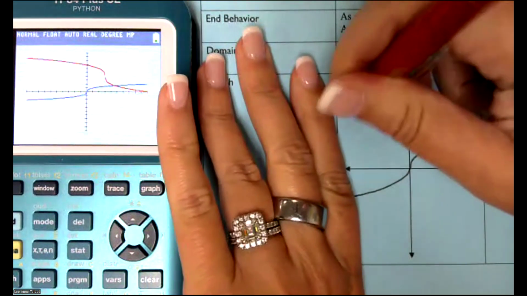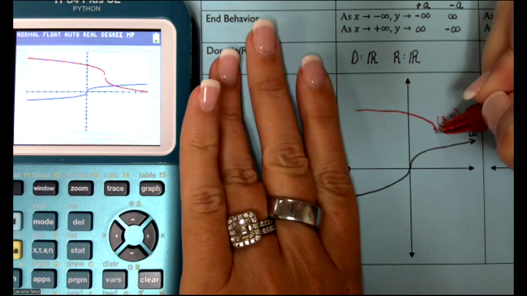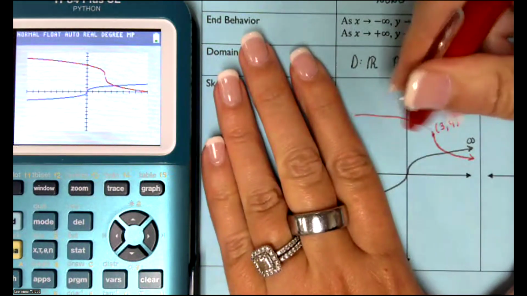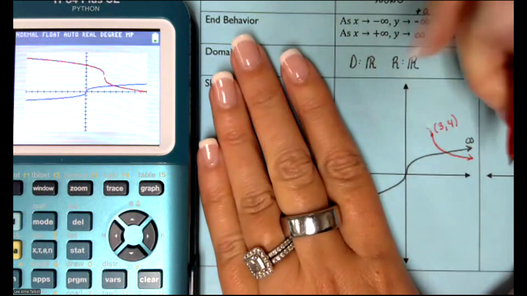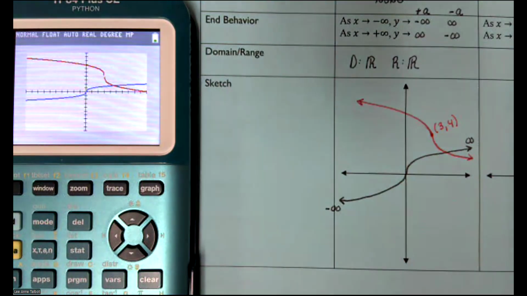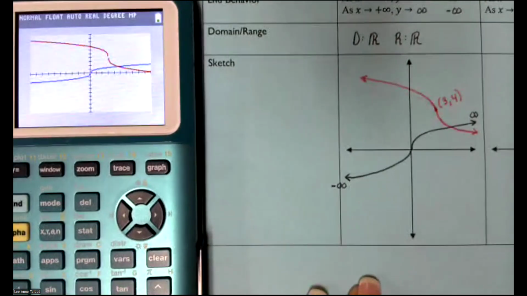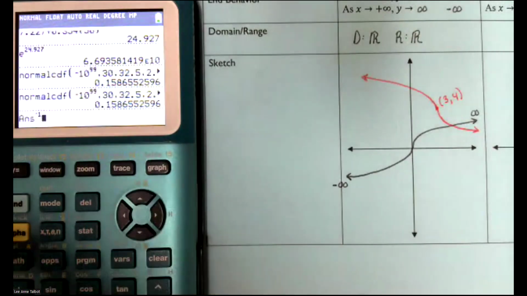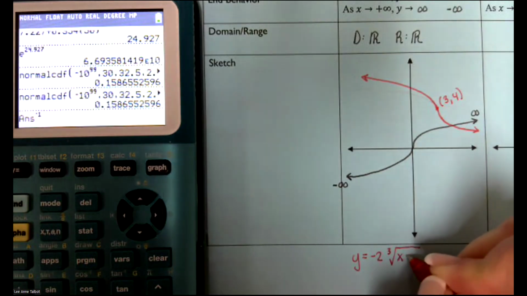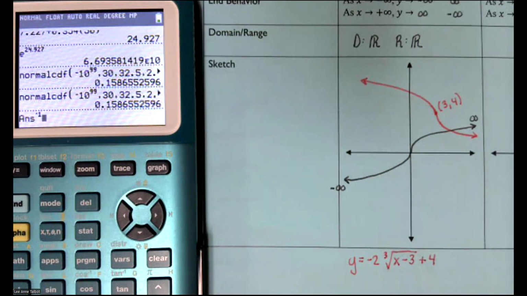Oh no. Why is it so hard to draw? I kind of did it.